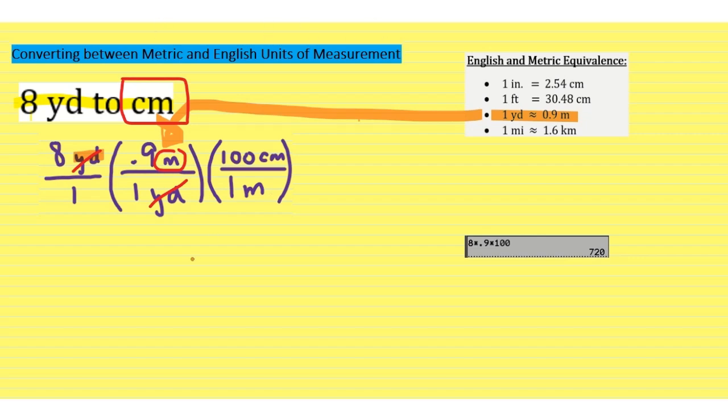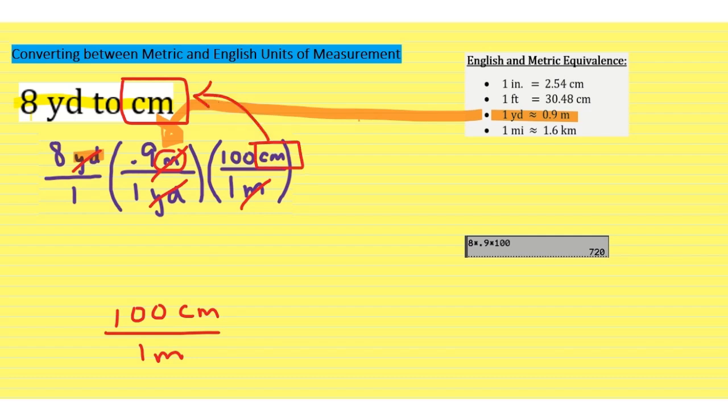And again, I'm going to use my favorite equivalency. 100 little centimeters fits into 1 meter. And this one, I am going to put the meters in the denominator because meters is what I want to cancel out. So meters gets to cancel, and that leaves me with the centimeters because centimeters is the goal.